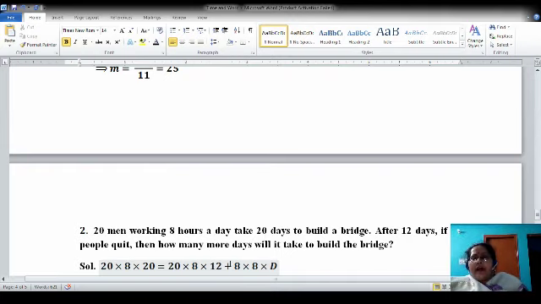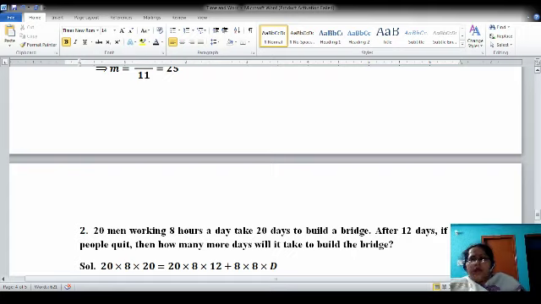And what is happening for the rest of the time? For the rest of the time 12 people quit out of 20. So now 8 people are working 8 hours a day, and we don't know how many days they should work. That is our unknown, so let us call it D. So we can frame an equation like this, balancing the work done on both sides, and we can easily get our answer.